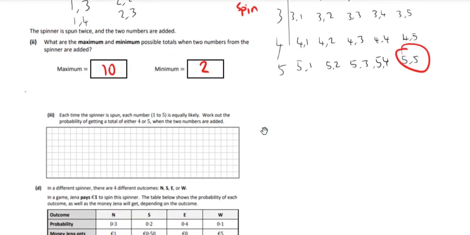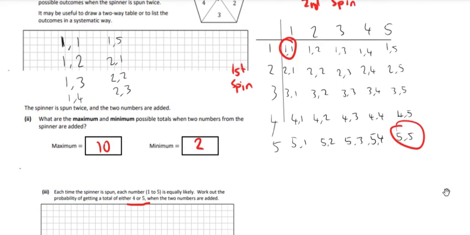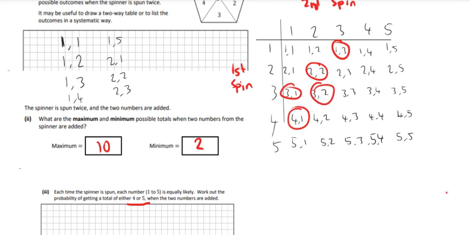Right, the next one is the probability of getting either a 4 or a 5 when they're added together. Let's look at all the places where we're given a 4 or a 5. I'm getting a 4 if I add those two together, those two, and those two. I get a 5 if I add them together, and them together, and them together, and them together.